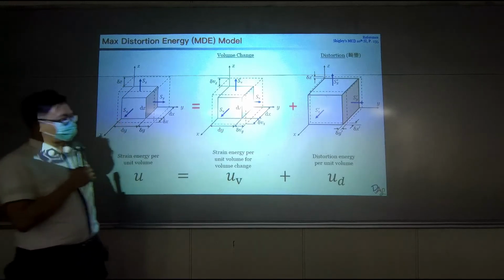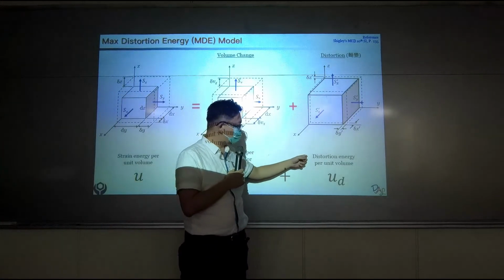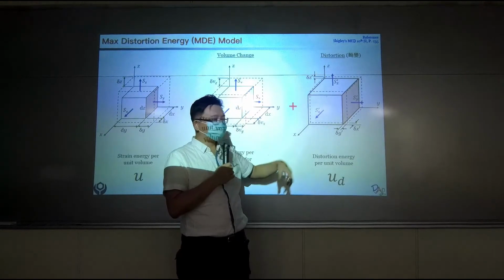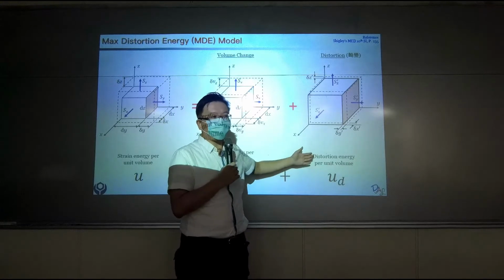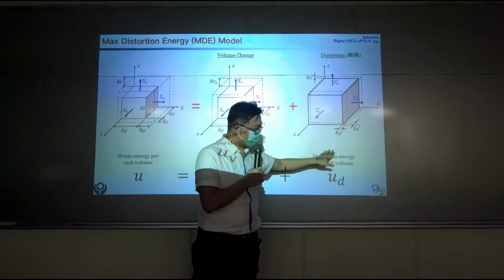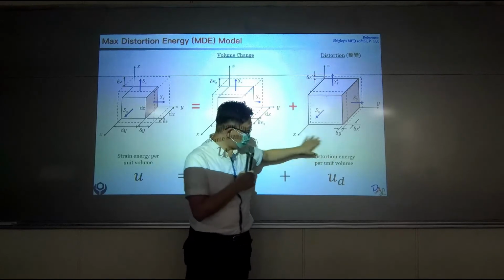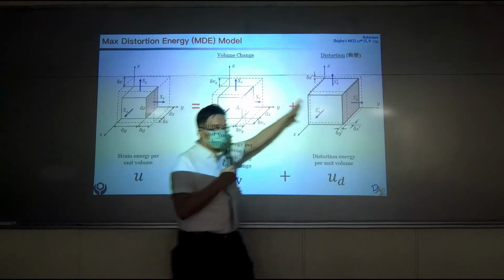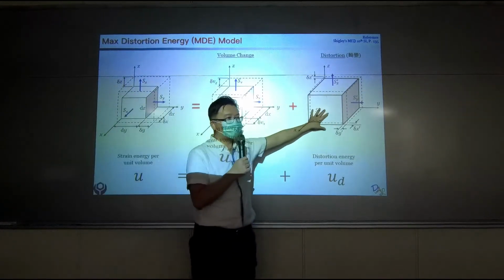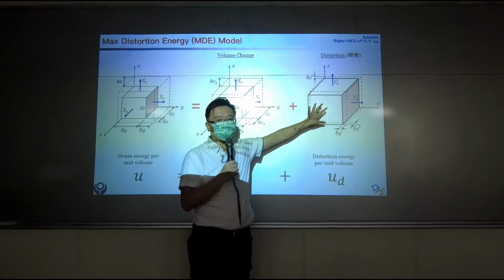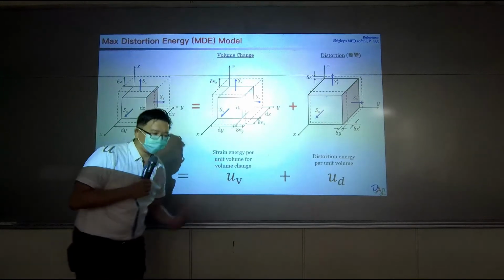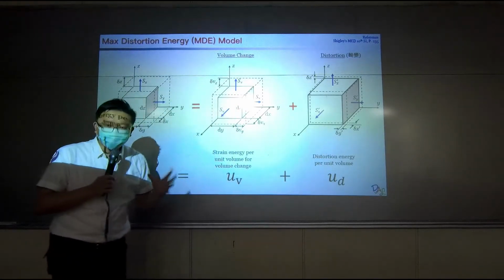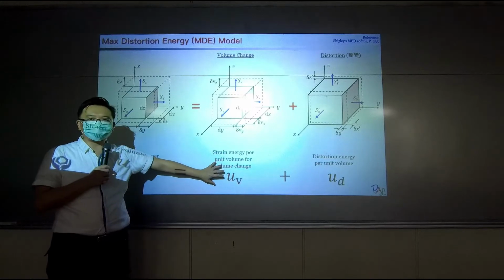So it seems like we need to calculate how much strain energy due to distortion we have, right? We want to know this. But based on the assumption, based on the concept right here, it's difficult to derive this part directly. So how we calculate this was based on calculating this part first.